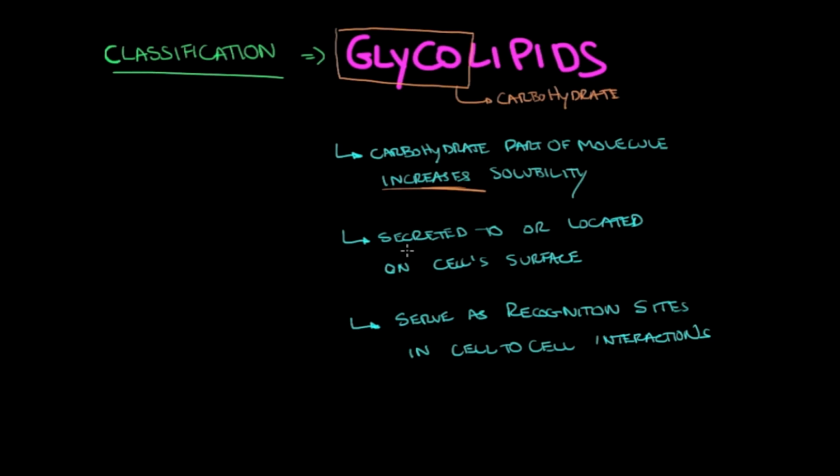The second point I want to make on glycolipids is that they are secreted to or located in the cell surface. And what I mean by this, if I have my cell here again, you can find these molecules somewhere on this area here. So the outside of the membrane, located on the outside, not the inner part that is in contact with the cytoplasm, but the outside of the membrane that is in contact with the outer environment. This is where you find glycolipids.